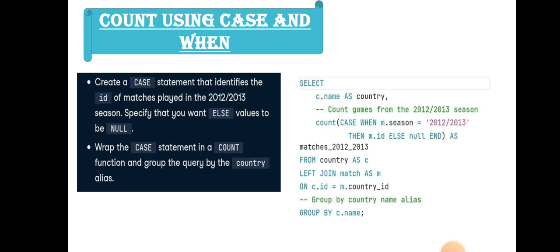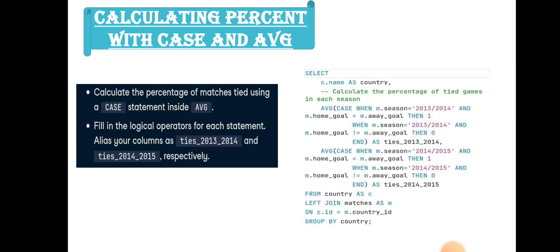Select C.name as country, count case when M.season is equal to 2012 or 2013, then M.id else null, and as matches 2012 2013, from country as C, left join matches as M on C.id is equal to M.country ID, group by C dot name.